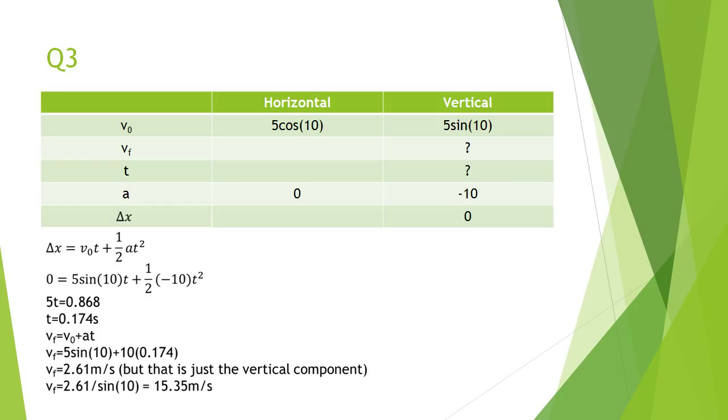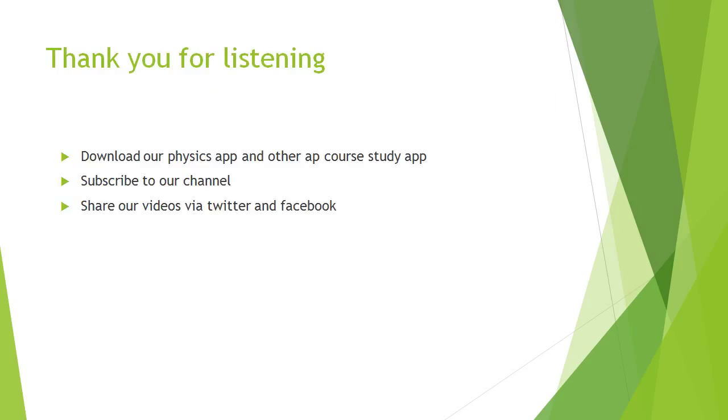So we divide this by sine 10, and we would find that the final velocity would be 15.35 meters per second. Because in the beginning, the initial vertical velocity was the initial velocity times sine 10, so to get back the final one, you just need to divide by the same value, which is sine 10.